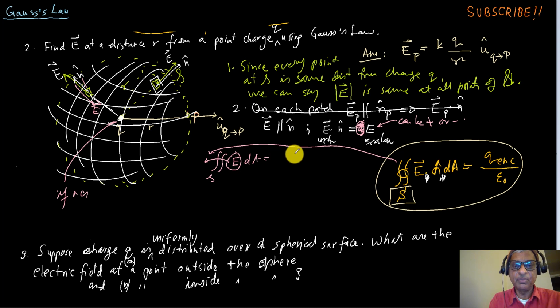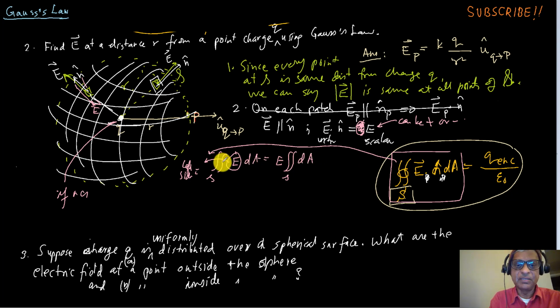So the left side of this equation just becomes E times the integral of dA over the surface. The full area of the surface is 4 pi r squared, where little r is the radius.